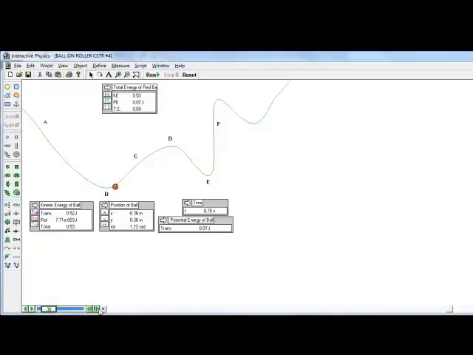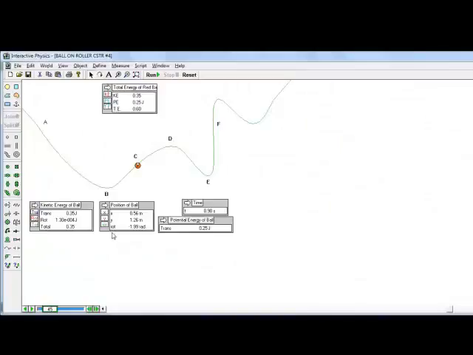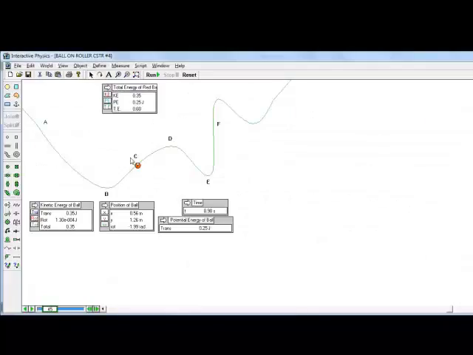So we have point B, so I'm just going to move over to C. Again, it's a little bit ambiguous here where C is. Potential energy is 0.25, kinetics 0.35, and again this is 0.6. And as we were going to step through this, we can see some of the different values.